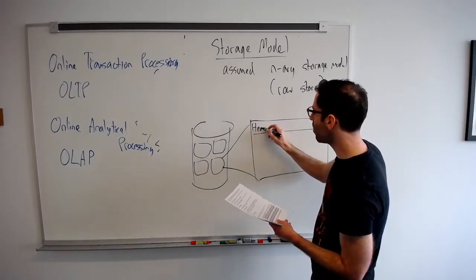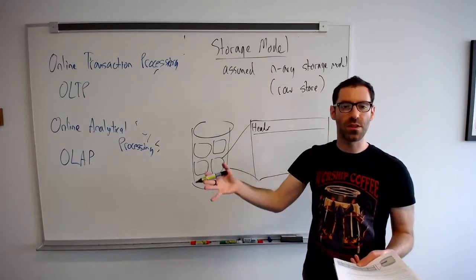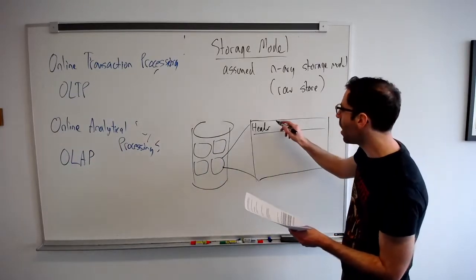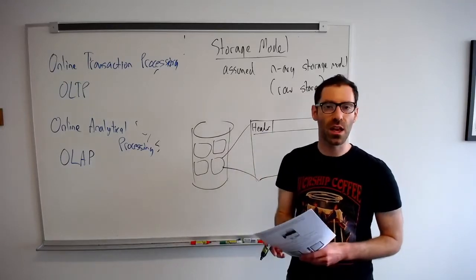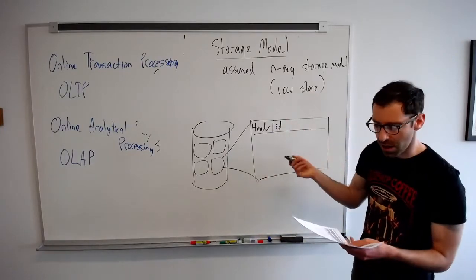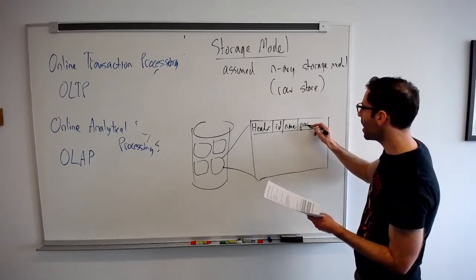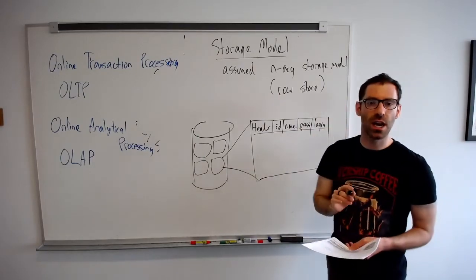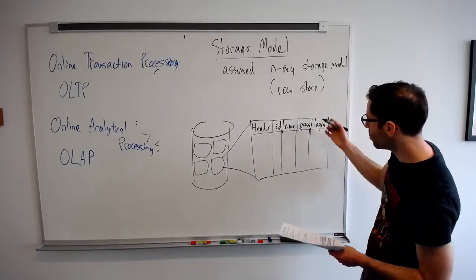So a tuple might have a header that has information on the number of attributes or information about variable length attributes, where to find them, and imagine this is data for say a website like Wikipedia or Amazon that's going to be keeping track of things like a user ID, an account name, a password, and a last login time that the user logged in.